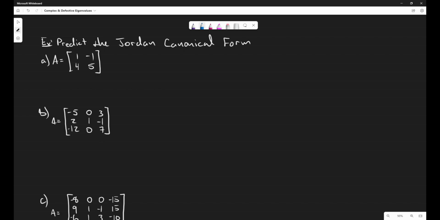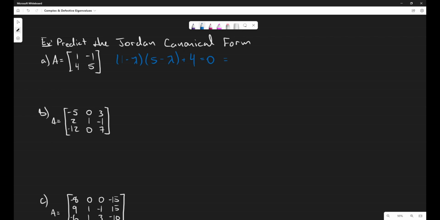So the first one is going to be a very simple one, a 2 by 2 matrix as always. For this one, again, it's fair game, same old, same old. Find the characteristic equation, and then find the eigenvalues. So we'll have 1 minus lambda times 5 minus lambda, multiplied by 4 times -1, so plus 4, and that's equal to 0.